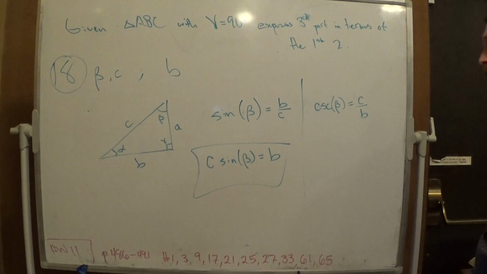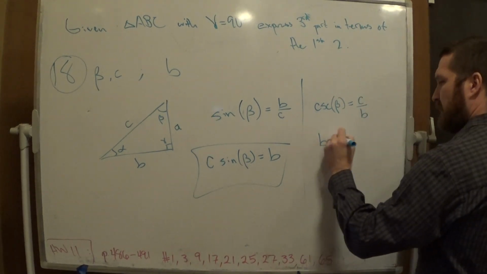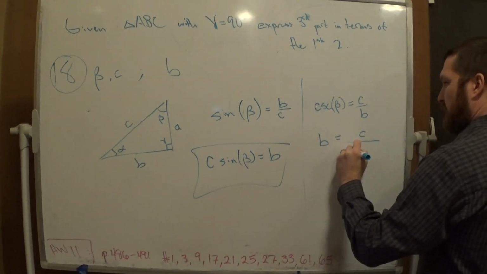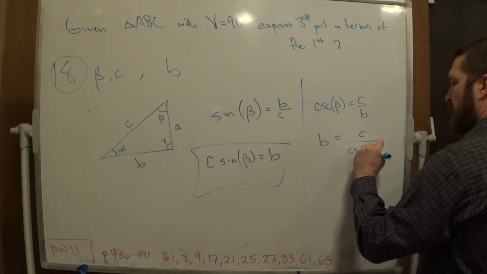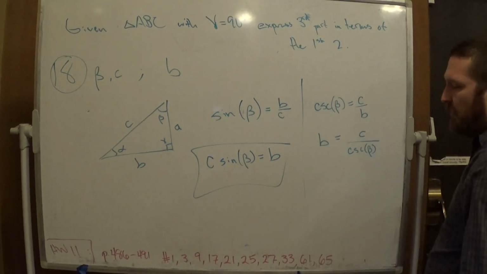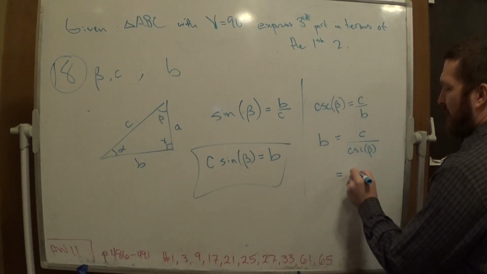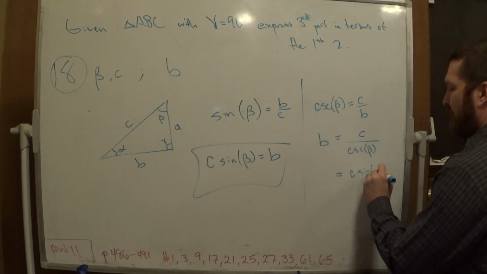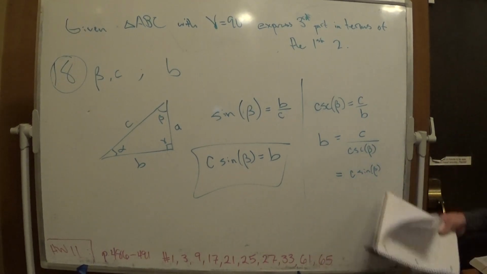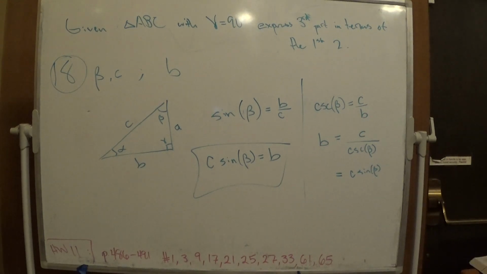If you did it here, we'd need to bring the B upstairs, bring the cosecant downstairs, and I guess we could be done. Or you could say, well, that's the same thing as C times sine beta, right? Because 1 over cosecant is the same thing as sine.